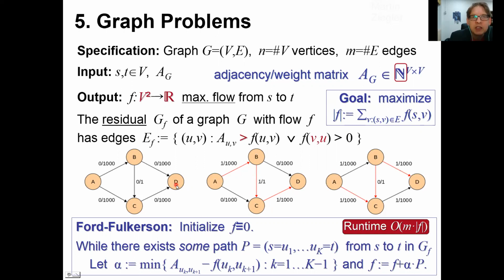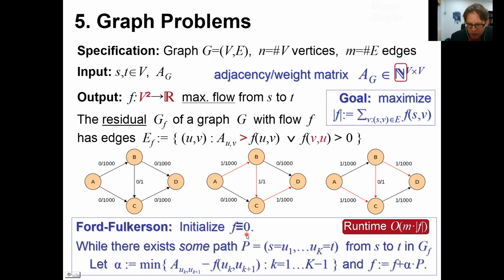So the message to take home from this slide is, depending on which augmenting path Ford-Fulkerson uses, the number of iterations can either be very large, exponentially large, when there's only an increase by 1 in each iteration, or can apparently be very few iterations, just depending on which augmenting path is chosen.